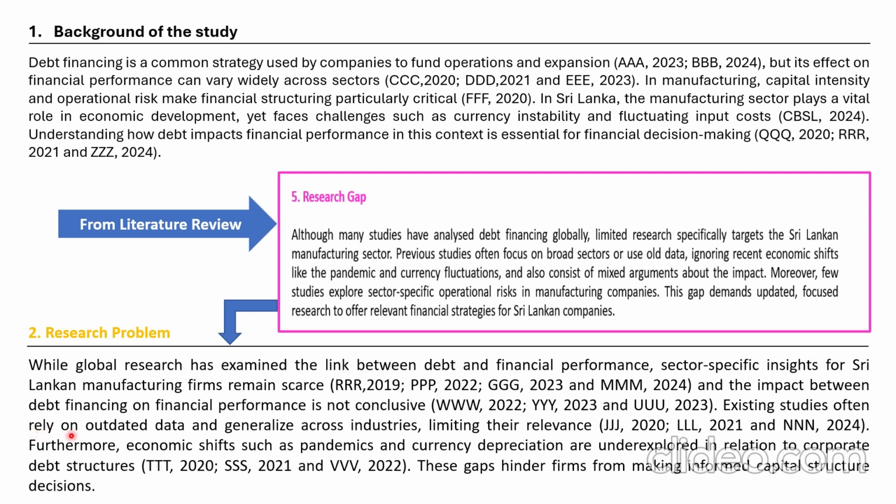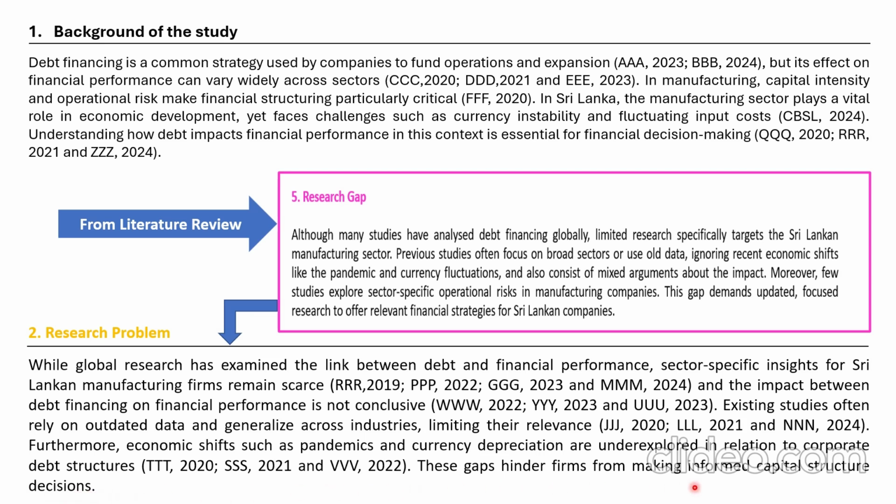Existing studies often rely on outdated data and generalize across industries, limiting their relevance. Furthermore, economic shifts such as the pandemic and currency depreciation are underexplored in relation to corporate debt structures. So these gaps hinder firms from making informed capital structure decisions.